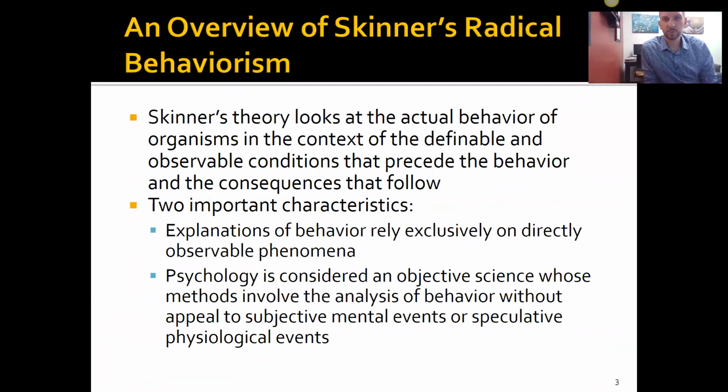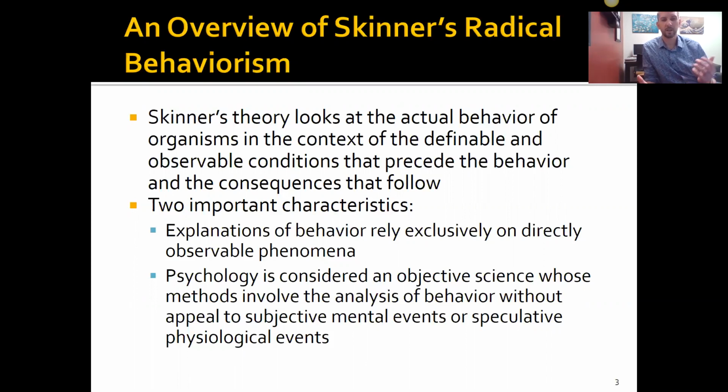And I think it's important to note that we're going to be talking about B.F. Skinner, the major theorist for this idea, and to step back and say, what was he actually arguing for? In his theory, he's looking at the actual behavior of organisms in the context of the conditions that precede the behavior and consequences that follow.